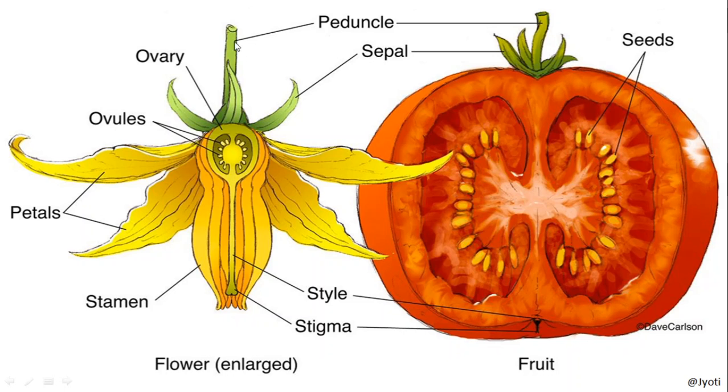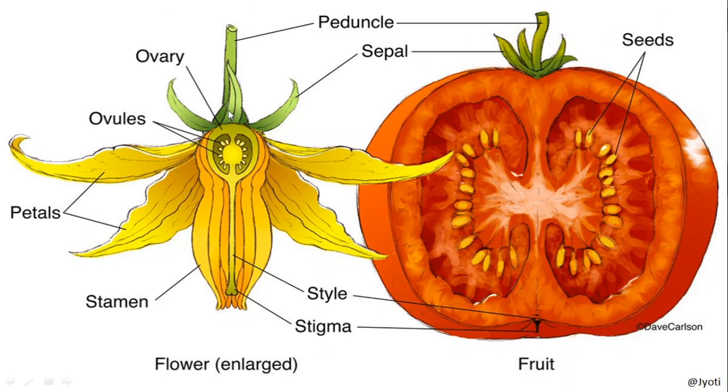So let me show you how and which structure develops into the fruit. Here I have given you the structure of a flower and the structure of a fruit which develops from the flower. Here I have given the diagram of a tomato. You can see this flower has the thalamus, the swollen structure.